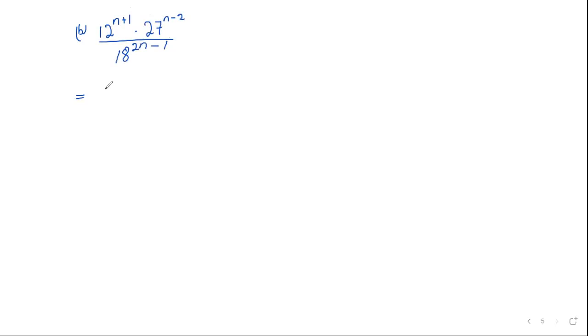Twelve is 4 times 3, and then 4 is the same as 2 squared.